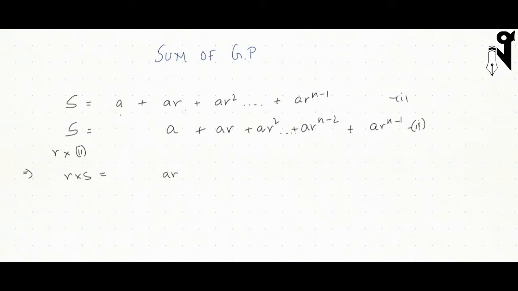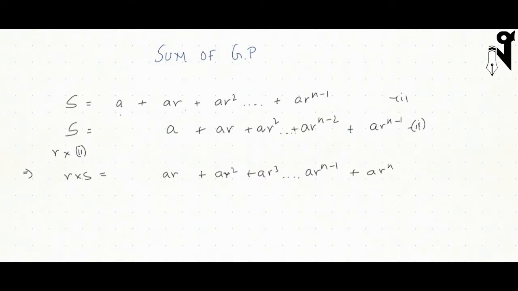Now the first term has become a times r. Since I'm multiplying r with every term, the second term will become ar square, then ar cube, and all the way to ar power n minus 1, and the last term will be ar power n, because everything has gotten multiplied by r.